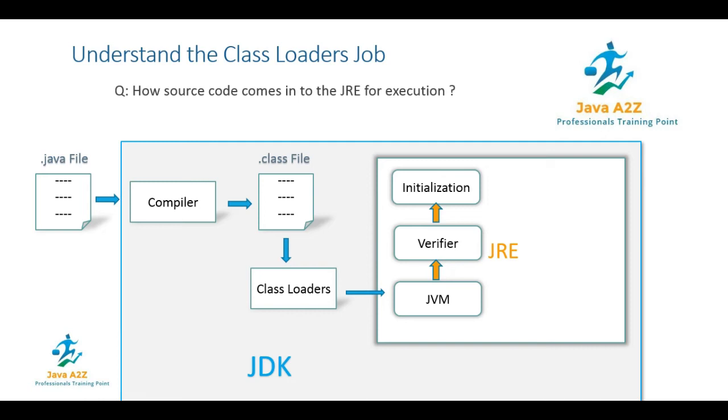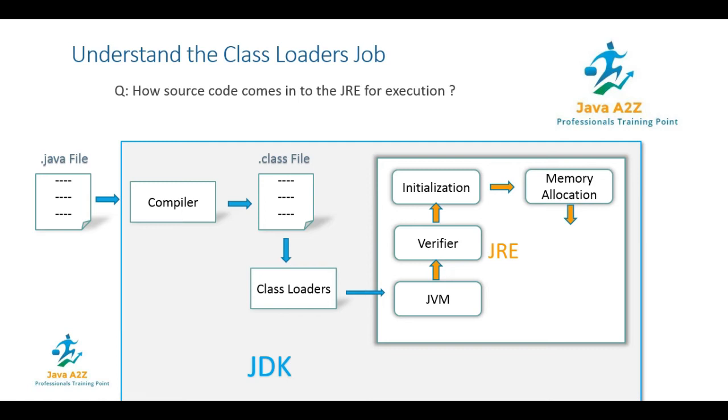Initialization means that when the class loader provides the class file to the JVM, the JVM gets it as a byte array, converts it into an object, and provides it to the memory. So after initialization, your bytecode will get memory in the memory area. This class will be part of the memory area.